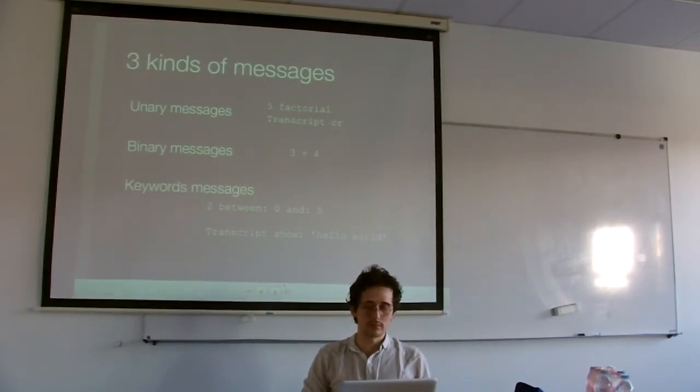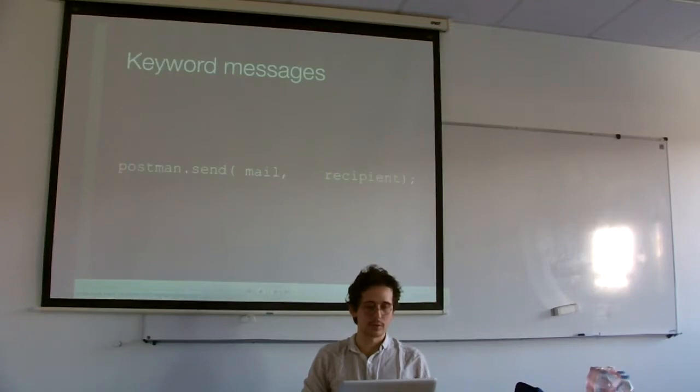And that's an example of syntax you would find in Java, for example: postman, send, mail, recipient. What you do in Smalltalk is first remove all the extra stuff: points, commas, parentheses, semicolons, remove them.